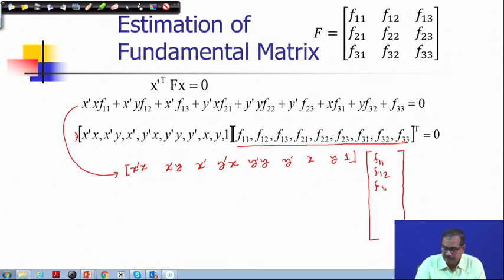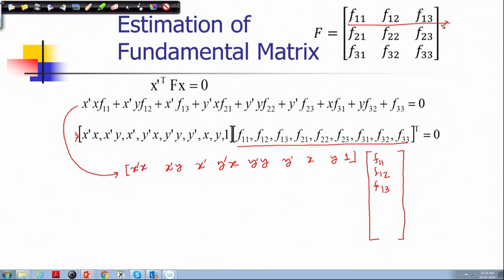You can see that all the rows are again represented as column vectors and concatenated in this form. So you have F21, F22, F23, similarly F31, F32, F33.